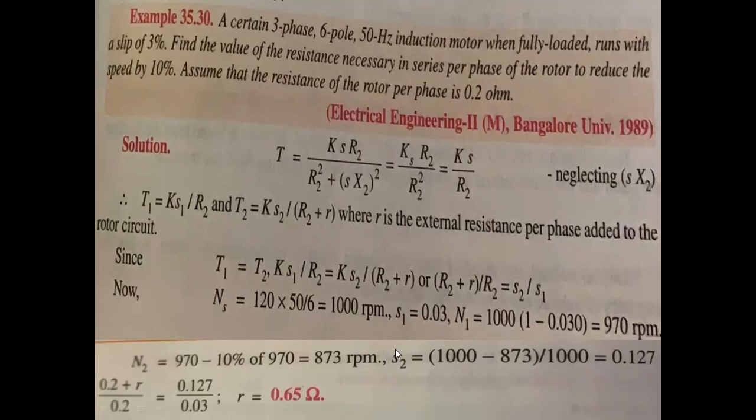We are calculating the second speed, so consider that. Now substitute all the known values in the equation. What happens? (R2 plus R) by R2 is equal to S2 by S1. R2 is known, it is 0.2. R you have to find out, and S2 and S1 you know. So by substituting in the equation you will get R equal to 0.65 ohms.